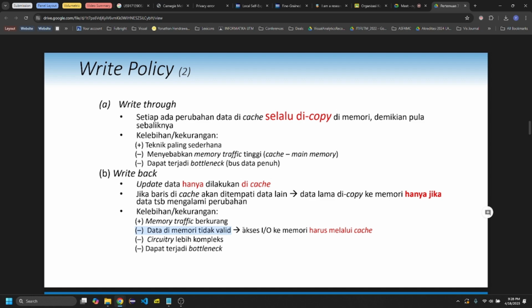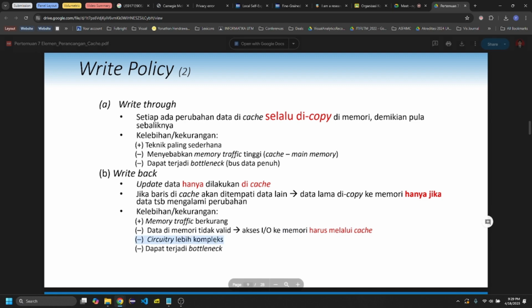In this case, if a device wants to access the memory, it must go through the cache first. It must check whether the memory address is in the cache or not. If it is in the cache, then the cache is updated. If not, then it can go directly to update the memory.